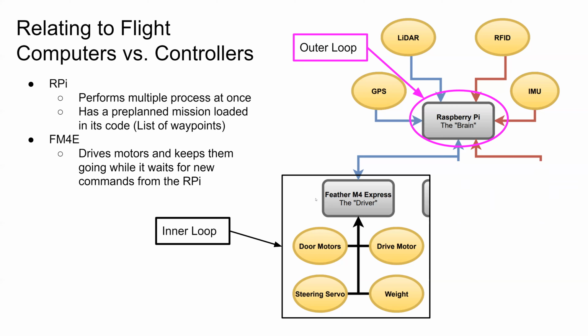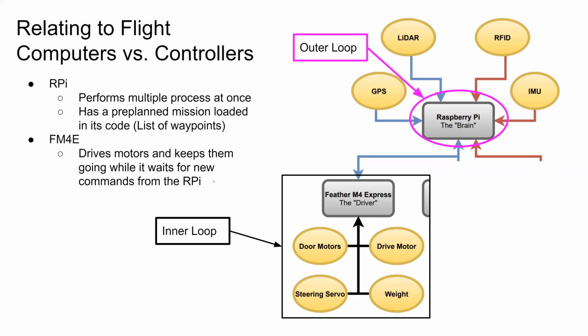And the Feather is considered as the inner loop because it basically drives the motors and keeps them going while it's waiting for the Raspberry Pi to give it new commands.